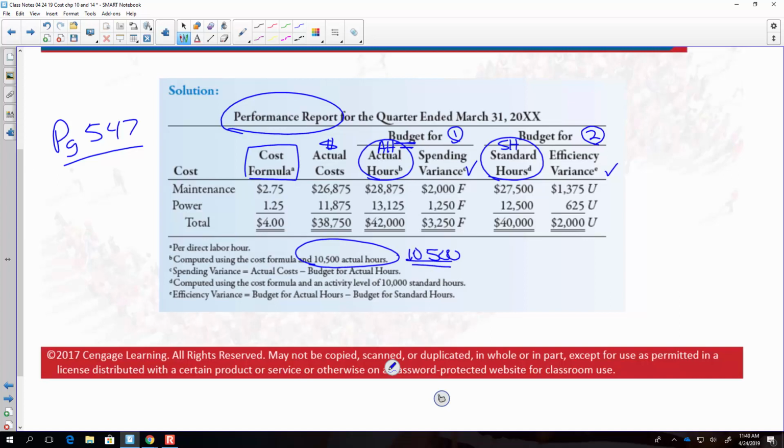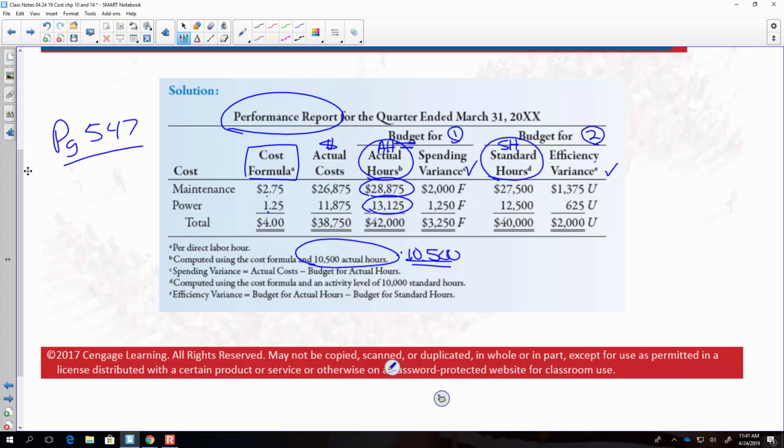So all I'm doing is taking the 10,500 times 2.75. That gives me the 28,875. $1.25 times 10,500 gives me the 13,125. So in reality, we're doing the same thing as we would in our templates, but it's by item. Maintenance, power, supplies, by item.